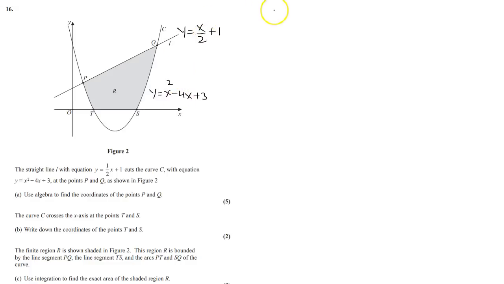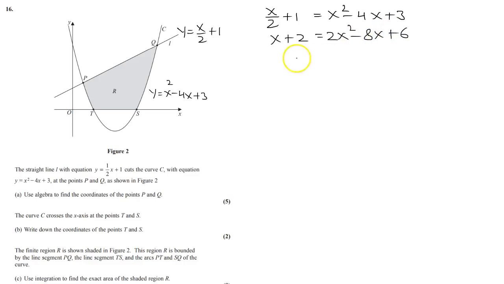So we can write x over 2 plus 1 is equal to x square minus 4x plus 3. Multiply all by 2. x plus 2 is equal to 2x square minus 8x plus 6. So we have 2x square minus 8x minus x, minus 9x plus 6 minus 2, plus 4 is equal to 0.